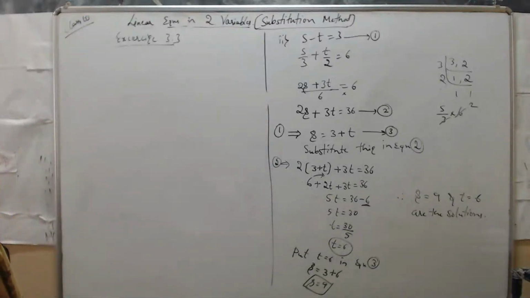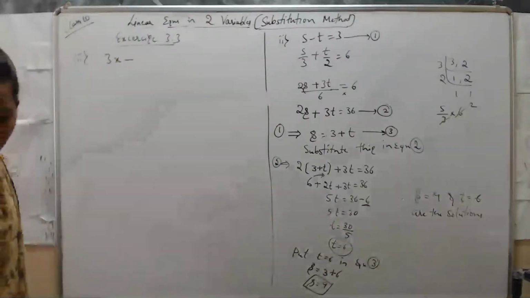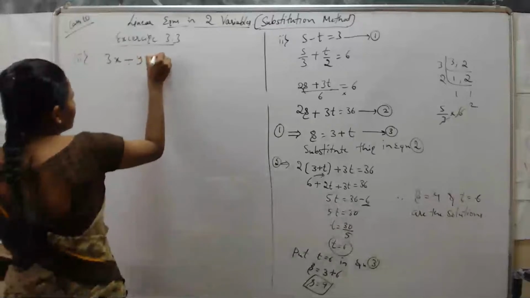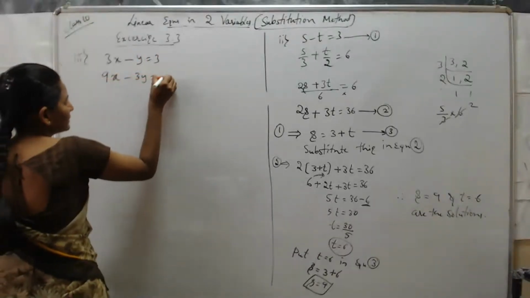So the question is 3x minus y is equal to 3, 9x minus 3y is equal to 9.